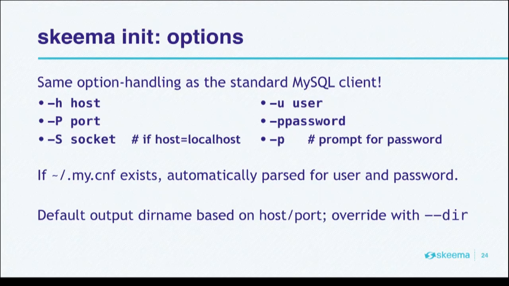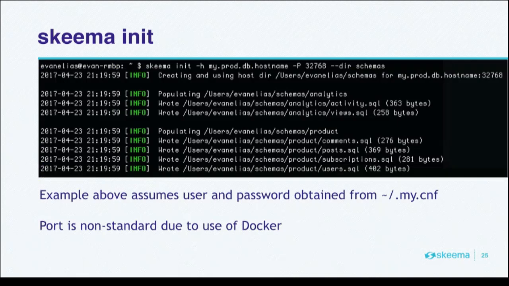And by default, Skeema init will create a directory named after the host and port, but you probably want to override that to be some arbitrary cluster name. So you can do that with a dir option. So when you run that, it spits out output that shows you basically all the directories and files it's creating.